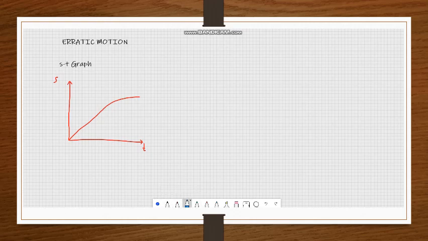And let's change the colors, and we can divide it into T1, T2, T3.